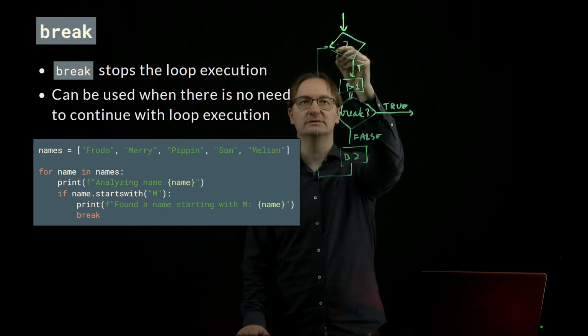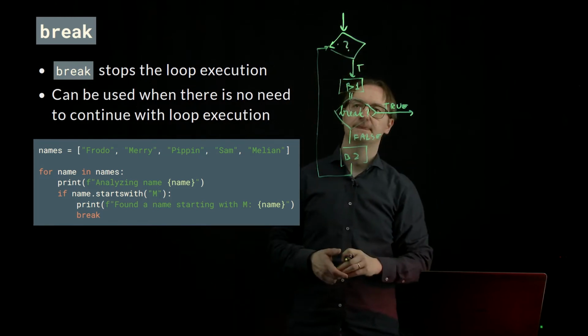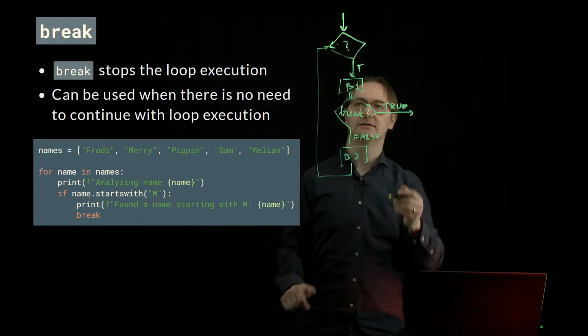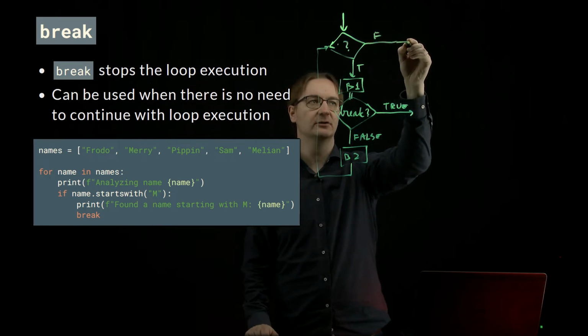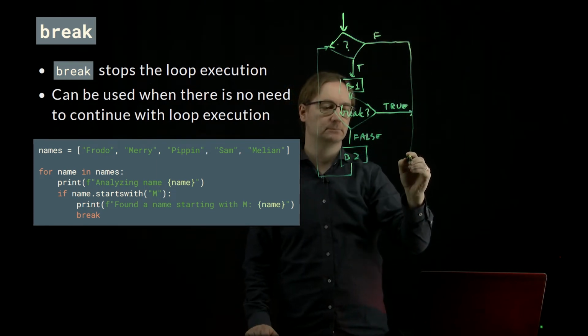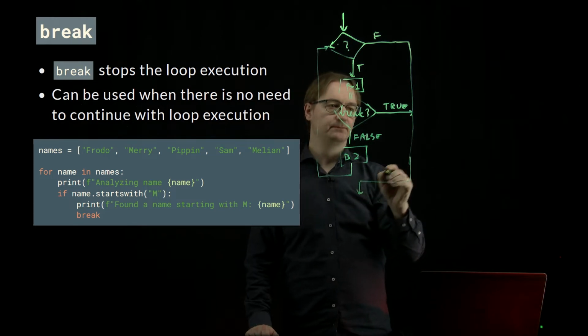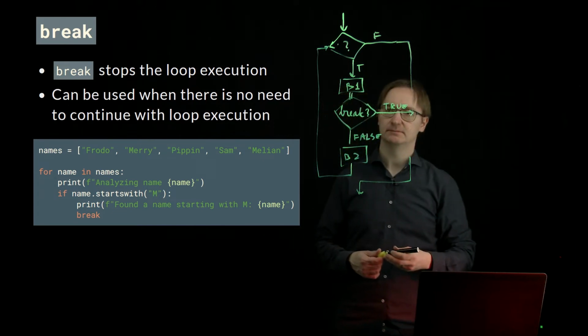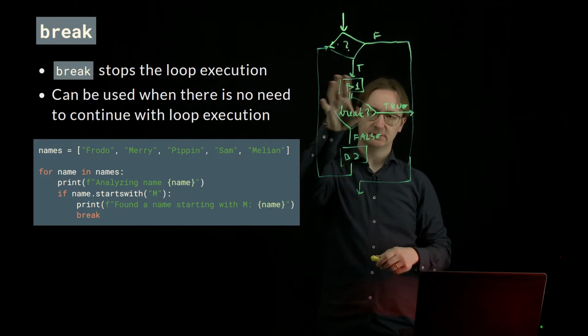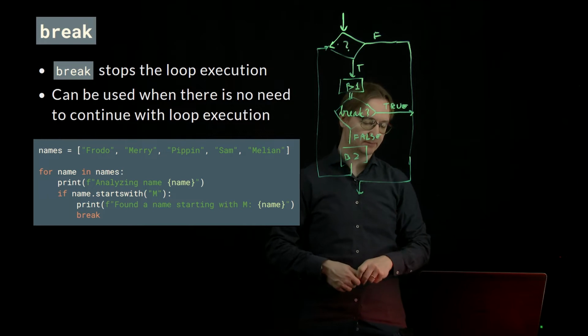Now we go back to this loop head, where we again check the condition. If the condition is false, then we end the loop. So this can be a small drawing of how the break works.